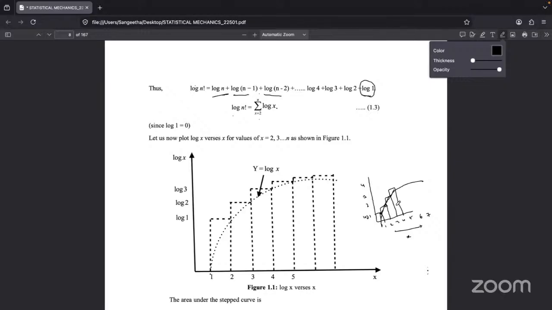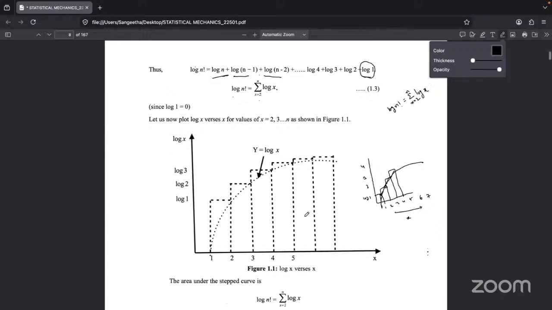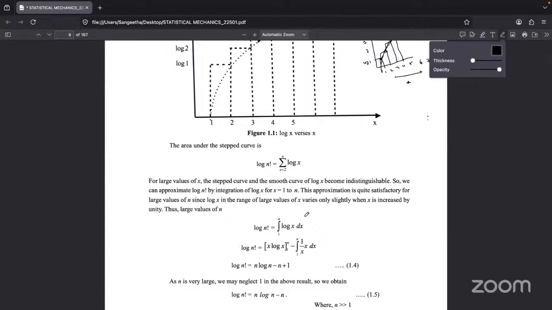Now, what is our expression? Our expression is logarithm of n factorial is equal to sigma x equals 2 to n log x. To this one, I am performing integration for further calculation. What we will get? Integration of log x dx.